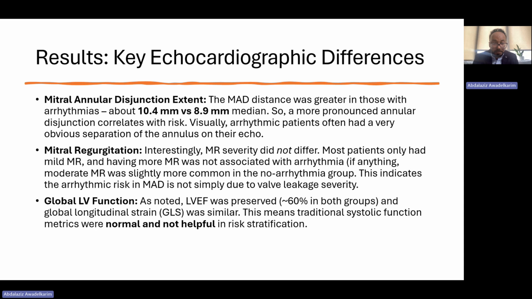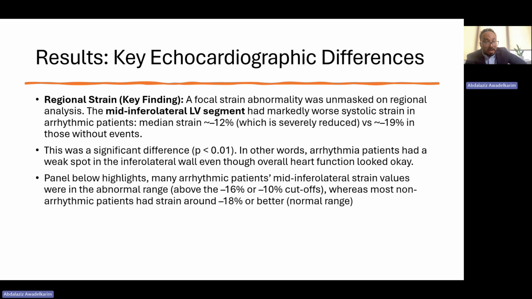So the key echocardiographic differences, as I mentioned: 10.4 versus 8.99 in the MAD distance between the two groups. The MR severity did not differ between the two groups. LV function was preserved in both groups, 60% on average.